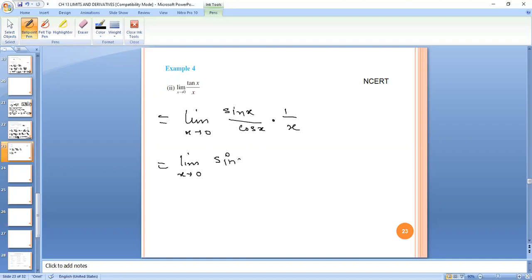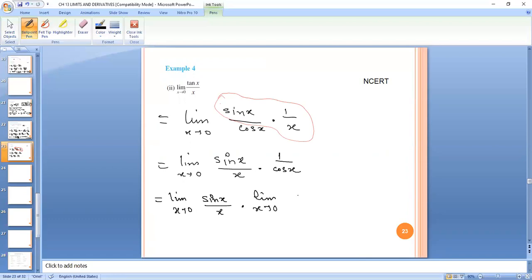I can write sin x upon x, with the x taken in the denominator, into 1 upon cos x. This can be written as limit x tending to 0, sin x upon x, into limit x tending to 0, 1 upon cos x.